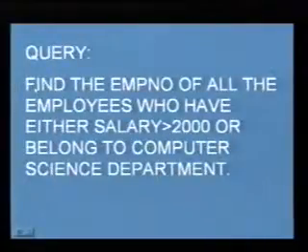Now, let us assume that we are given a query to find the employee number of all the employees who have either their salary greater than 2000 or belong to computer science department. That is, we want to find out the people who have either their salary greater than 2000 or they belong to computer science department.